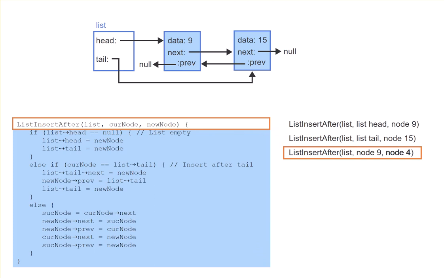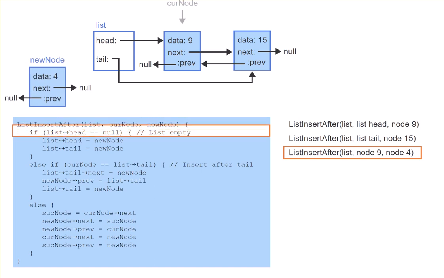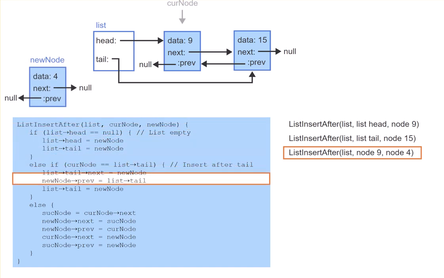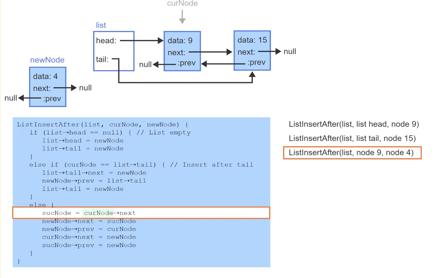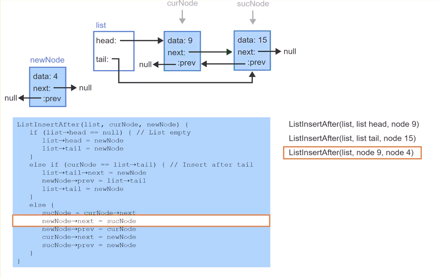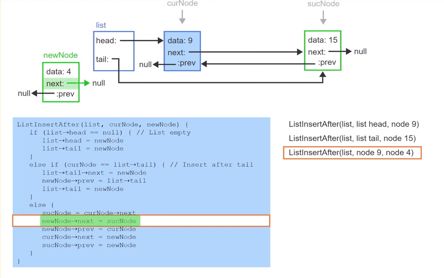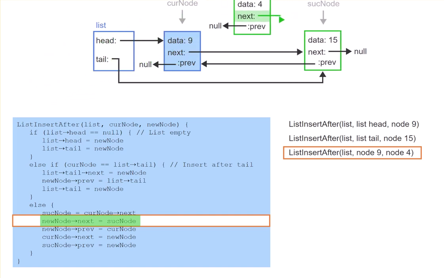Now we're going to insert after the node with a value 4. The first one skips all the way to the end, to the else statement, and assigns the next pointer of the new node. Well, now this one becomes the successor node, and that one, the head, still remains as the current node.